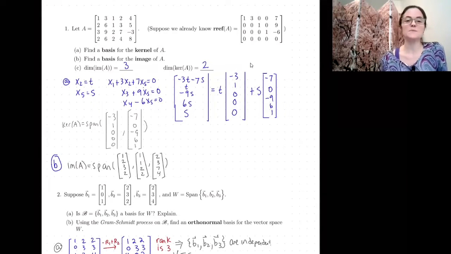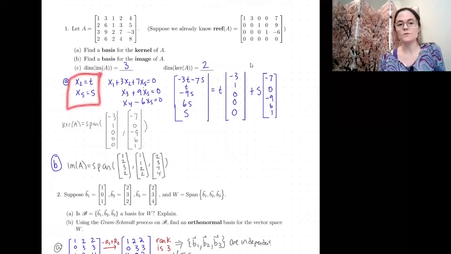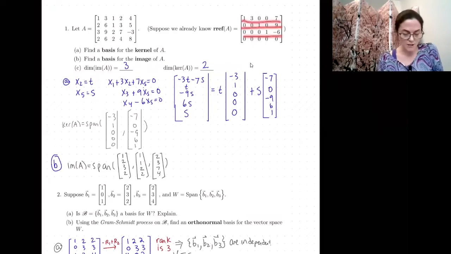Okay, well now let's begin. To find a basis for the kernel, we start off with these 2 free variables. I just said x2 was t, x5 was s, and then we have these 1, 2, 3 equations, and they are here. These allow us to solve x1, x3, and x4 in terms of t and s.